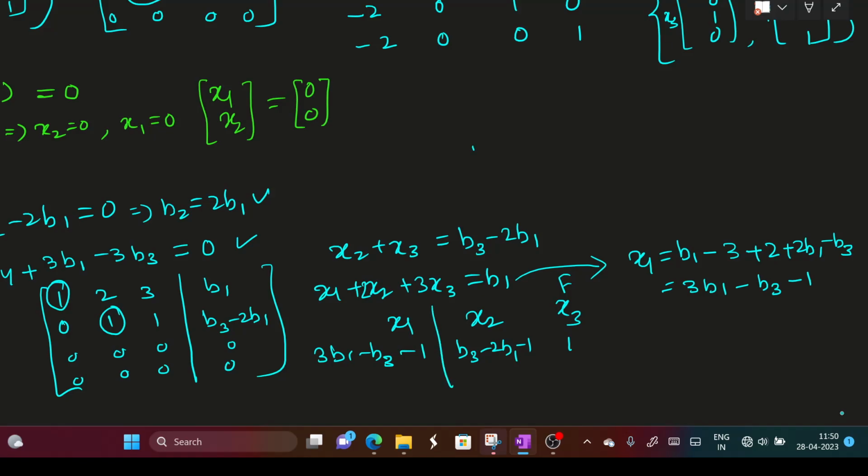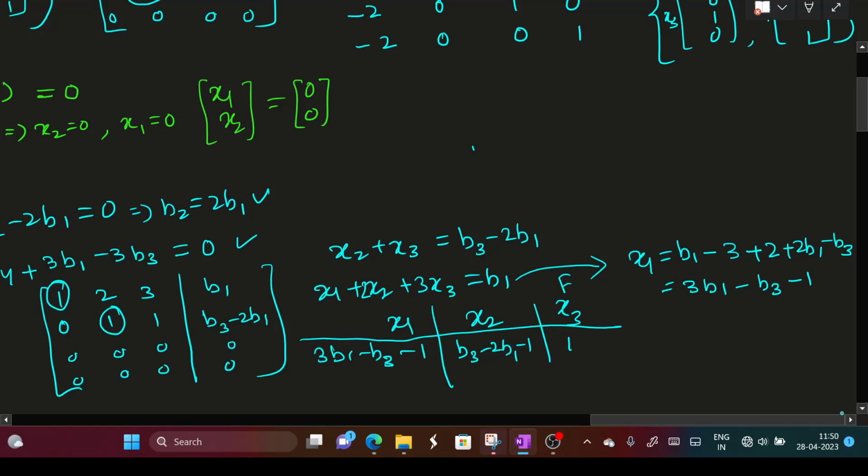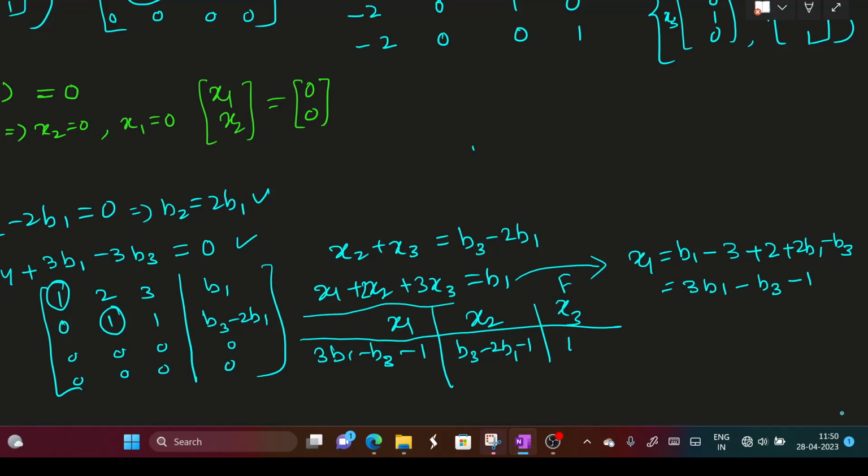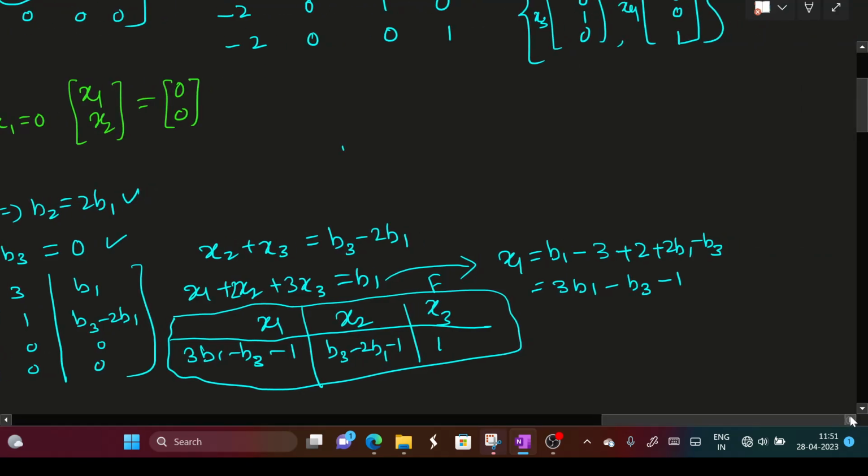Okay. So these are the variables. To avoid confusion, I am making it in a table format, so that one should not get confused. So my solution to this system of equations is a linear combination of these vectors.